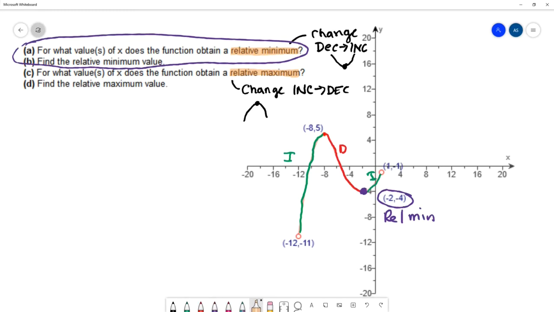The first part, part A, says what values of x? So for part A, we're going to answer negative 2, the x coordinate. For what values of x does the function obtain a relative minimum? And then part B says find the relative minimum value. The minimum value is the y part, so that's negative 4.